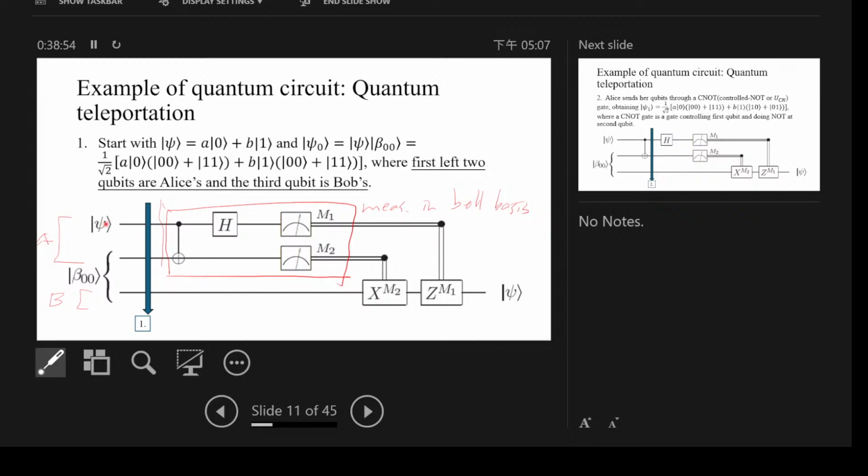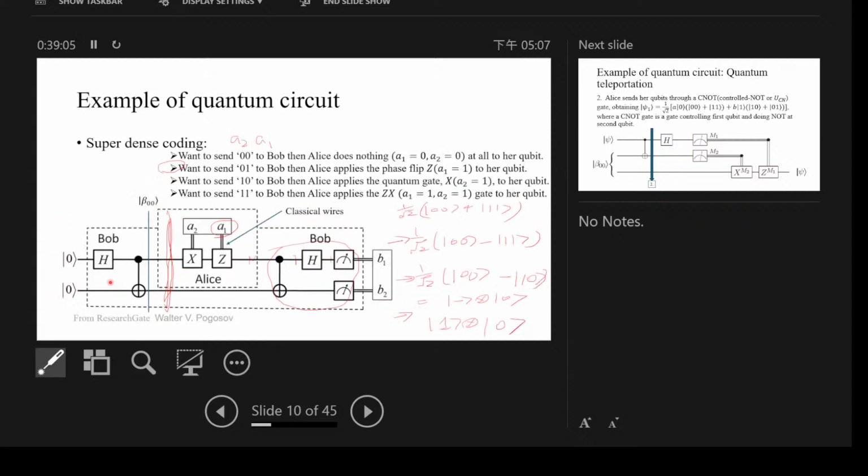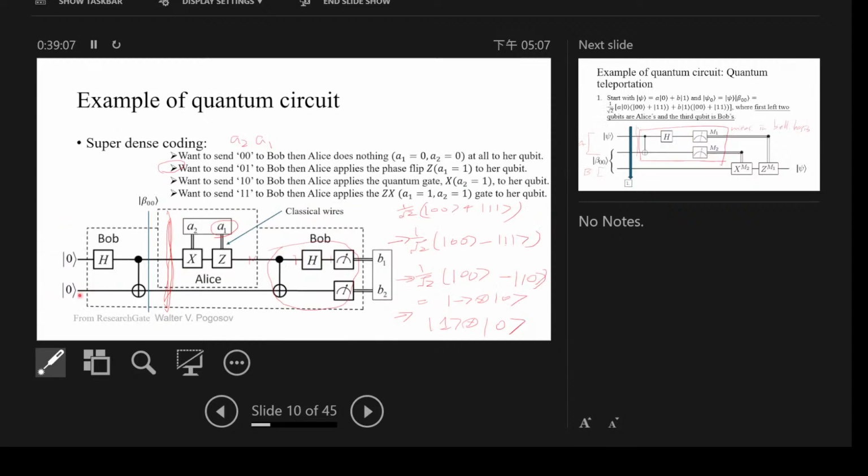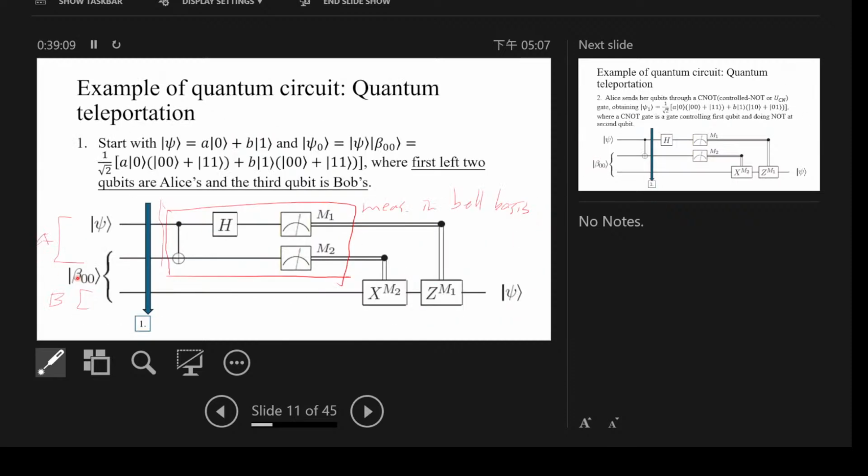We have the unknown qubit that is going to be teleported, and we have 2 qubits that are in entanglement, in beta 00. I guess in this description we omit the creating entanglement part, so this is just starting with beta 00. Alice holds the first 2 qubits here, and Bob holds the third qubit.